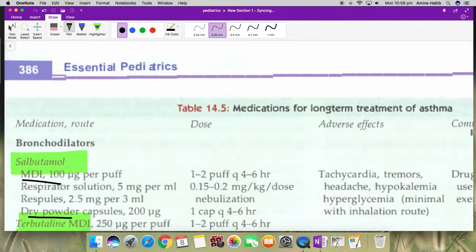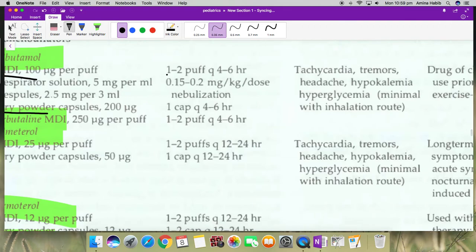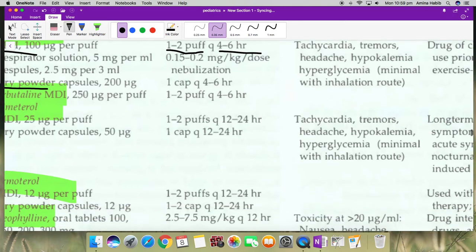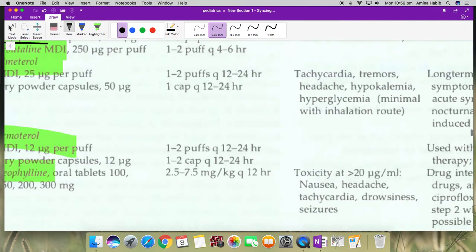Now let's see what are the important adverse effects. First, the dosing. Ideally for SABAs, you give 1 to 2 puffs, 4 to 6 hours apart, which means around 4 puffs a day. Through the nebulization route also you can give, and rotahaler also, every 4 to 6 hours, for the short acting ones.